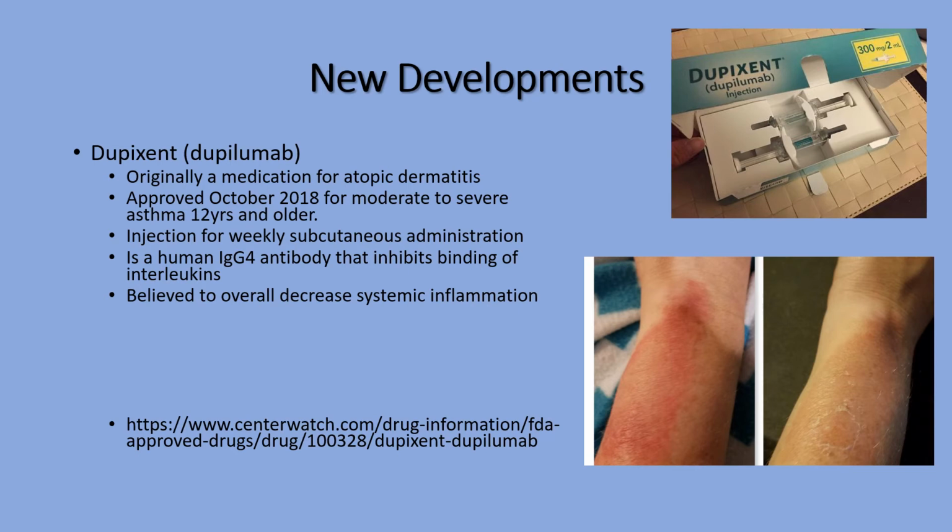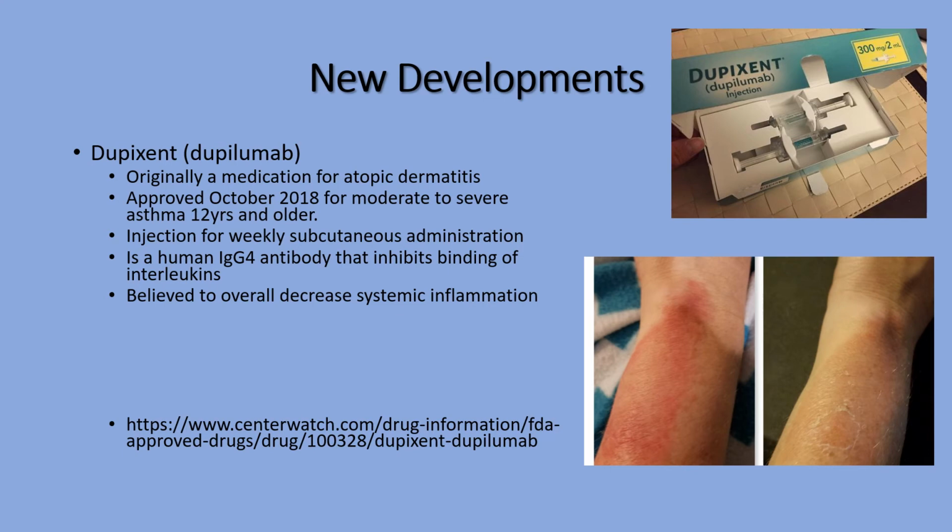But what happened was that it was found that since this injection uses IgG4 antibodies, this knocks down the systemic inflammation for dermatitis. Well, it was found that this also relieves moderate to severe asthma attacks.